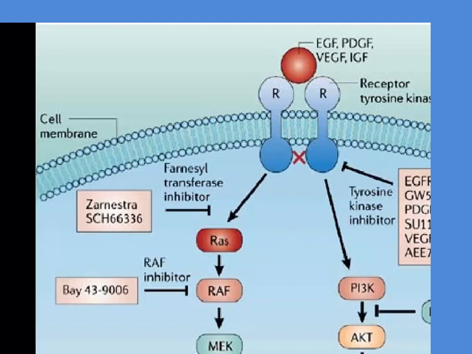Function of those drugs actually is to prevent phosphorylation of those intermediates to take place. Phosphorylation of the key receptor of tyrosine kinase to take place, phosphorylation of RAF to take place in the cytoplasm.